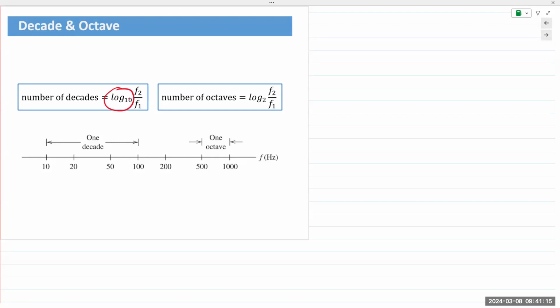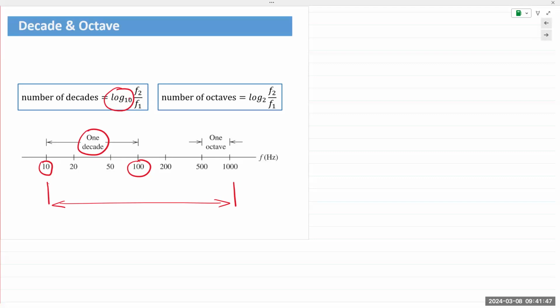So for instance, 10 and 100 is a ratio of 10. If you take the log of that ratio, you get 1 decade. If you take the range 10 hertz to 1000 hertz, it's a ratio of what? 100.